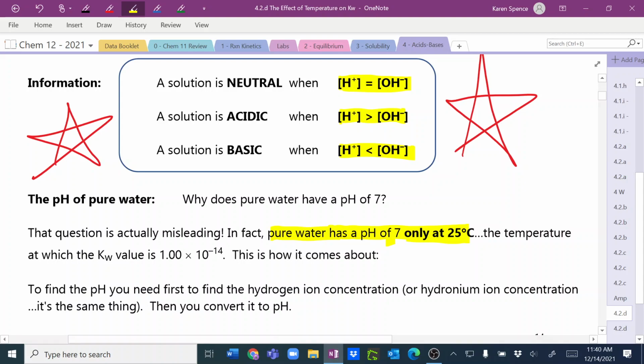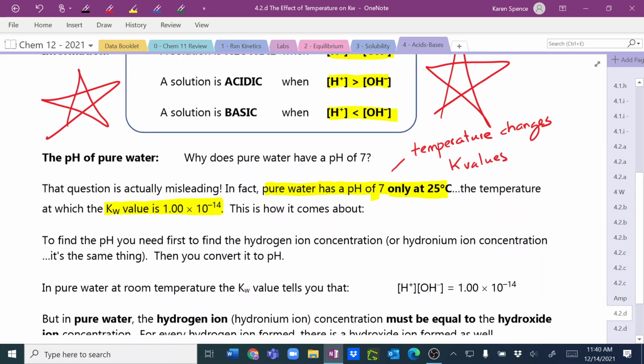That's because at 25 degrees Celsius, Kw is 1.0 times 10 to the negative 14. What do you know about temperature and K values? Temperature changes K values. Is there anything else that changes a K value? No. Okay, so just temperature. So if we're at 25 degrees Celsius, everything's good.